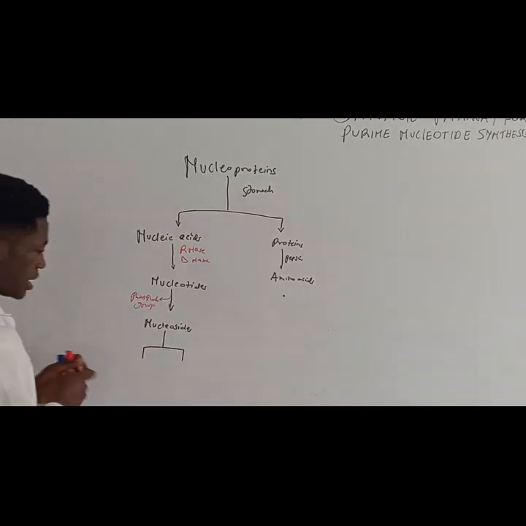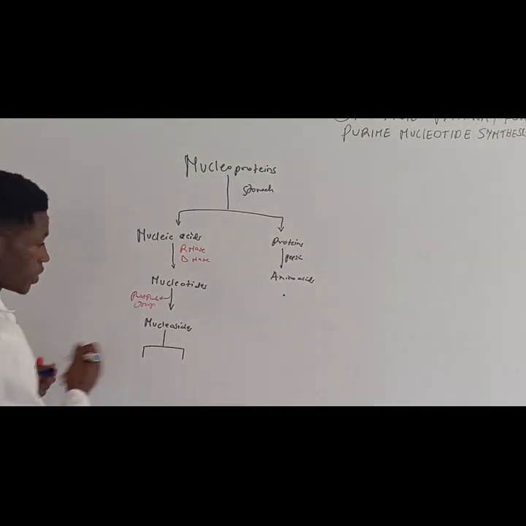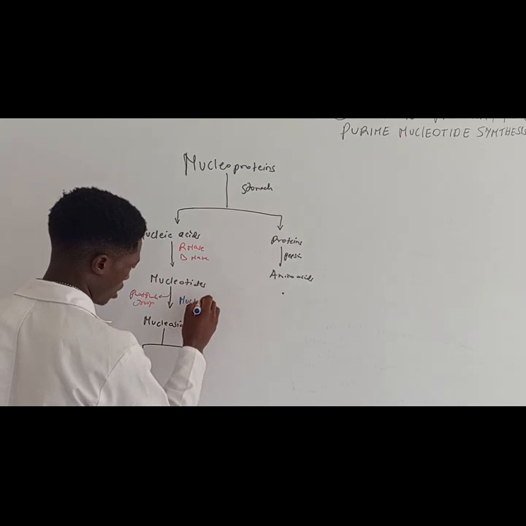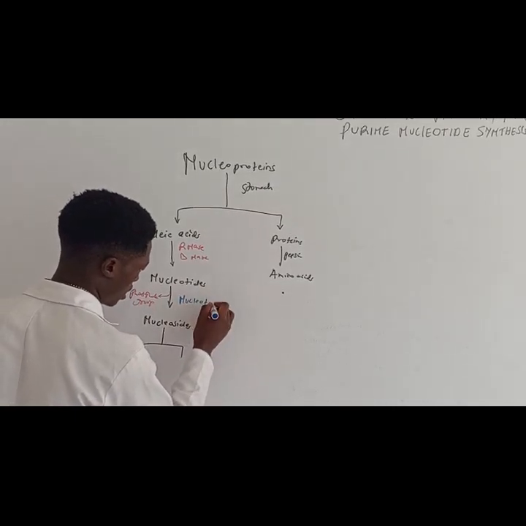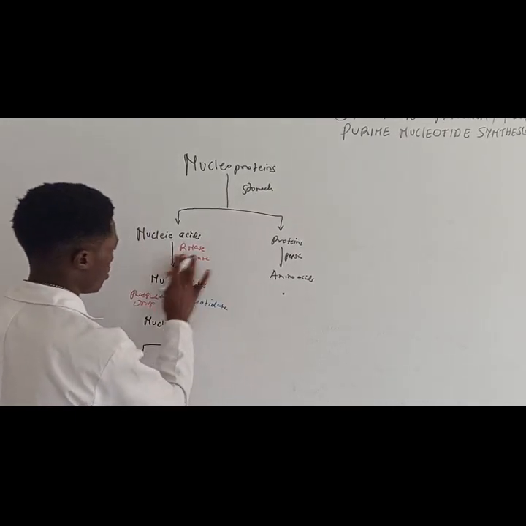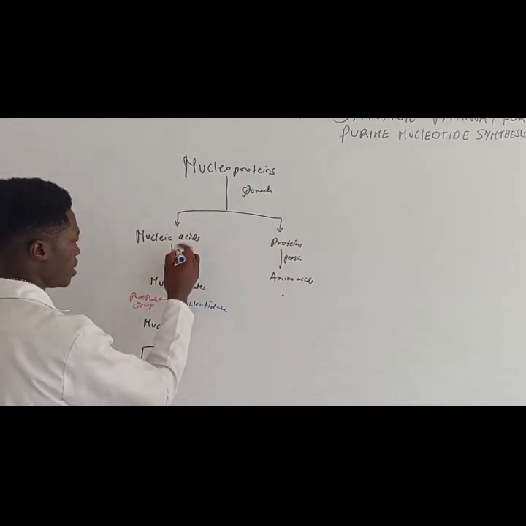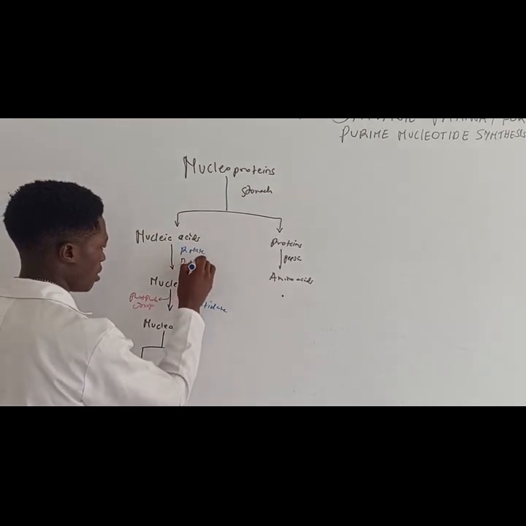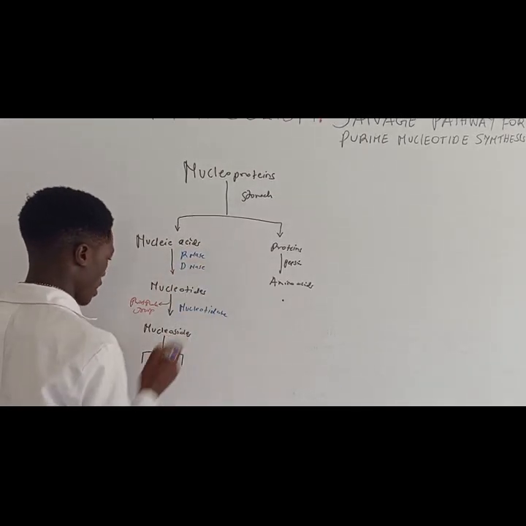Now, these particular enzymes here are called nucleotidases. Let me write this in blue so that you can have some uniformity. RNase and then DNase. Alright.